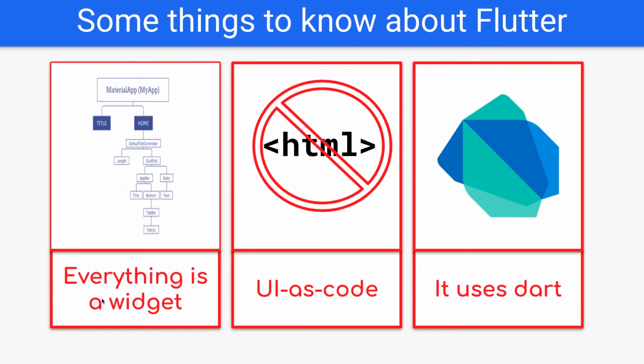And speaking of Dart, let's talk about Dart for a minute. If you're trying to introduce Flutter at your organization, you're bound to hear somebody say, "Oh, I don't want to use Flutter because you have to code in Dart and Dart sucks." And the fact is that Dart doesn't really suck. It turns out that Dart is a very elegant language.